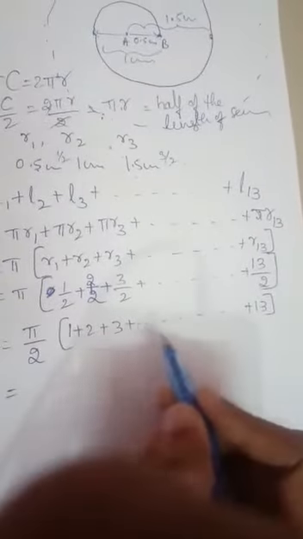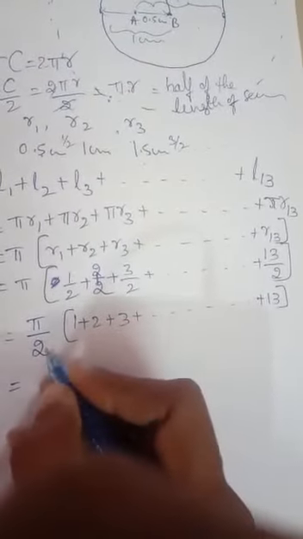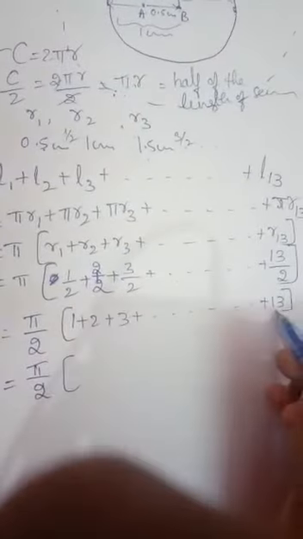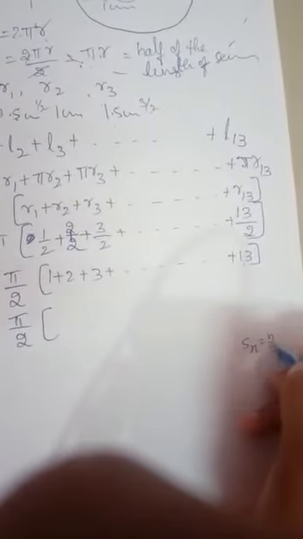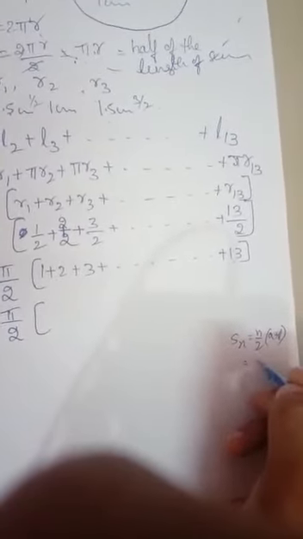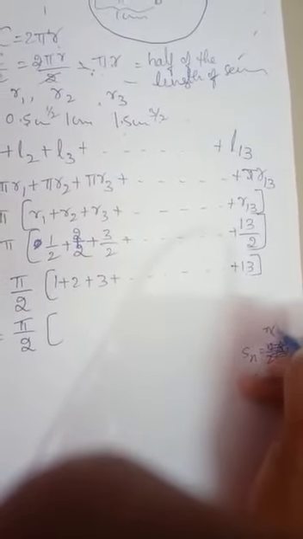Therefore, pi by 2 into (1 plus 2 plus 3 and so on up to 13). This is the sum of the first 13 terms. Sn is equal to n by 2 into (a plus l), that is n into (n plus 1) by 2.